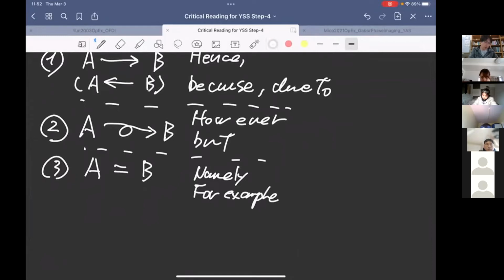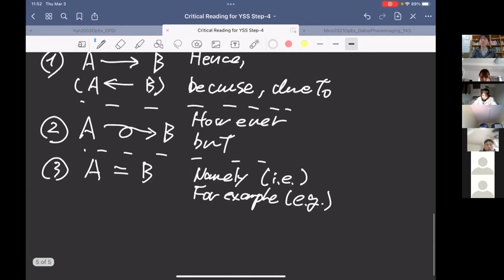By the way, "namely" can be written as i.e. in shortened form, and "for example" is e.g. Okay, maybe you can sometimes find this way of writing in papers.